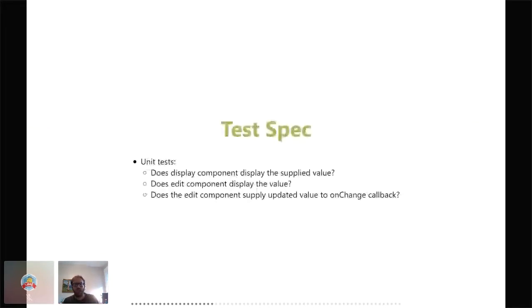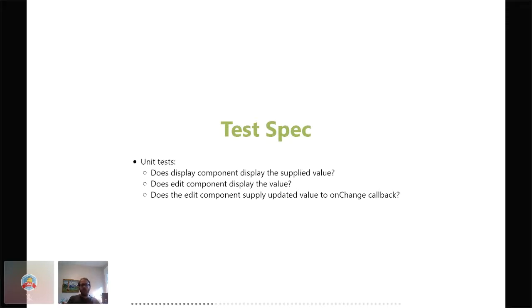So let's look at the kind of questions we would want to answer. Does the display component display the supplied value? We are going to have a component that displays this. Does it work? Does it show what's passed to it? Does the edit component, that's going to be a text input control, but inputs have a value, have the correct value?